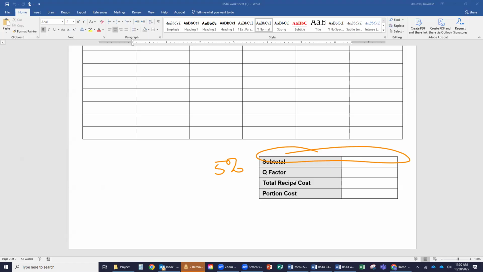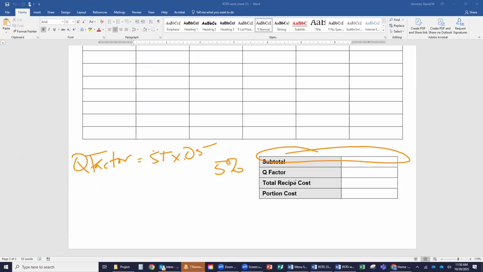But we don't have to go back and recalculate the whole recipe because we have a 5% Q factor. And so our Q factor is the subtotal times 0.05. Some chefs range, depending on what the recipe is, anywhere from 3% on up to 5%. We're good so far on Q factor?